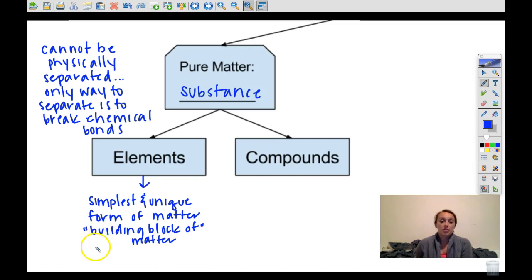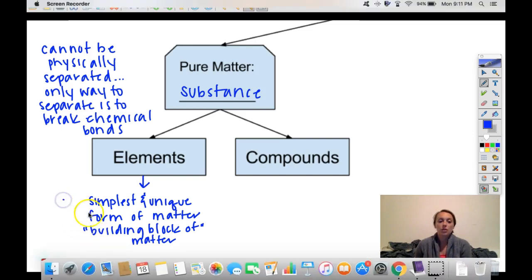So in chemistry, elements are particularly important. In fact, we have a whole table of them called the periodic table of elements. So for example, we can have hydrogen or sodium or chlorine. All of these are single types of elements, and we quantify them using the word atom.